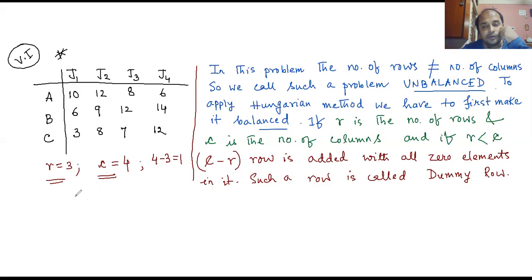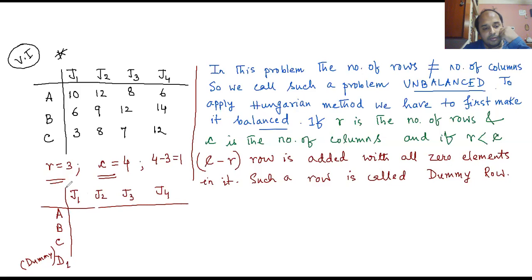and therefore I am going to introduce one extra row, which I shall denote by, say, D1. Okay, and this is my dummy row. What will happen over here?